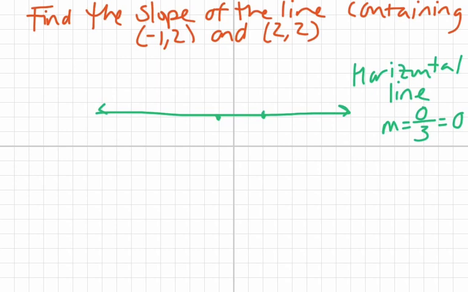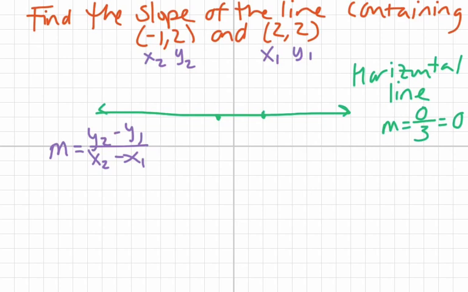So let's just see how the formula confirms that. Again, strongly recommend that you copy that formula down every time. You can time how long it took me to do that. It does not take a long time. Write it down. Let's go ahead and we'll pick, I'm going to pick, this is x2, y2, and this as x1, y1. And we'll go ahead and plug it in.